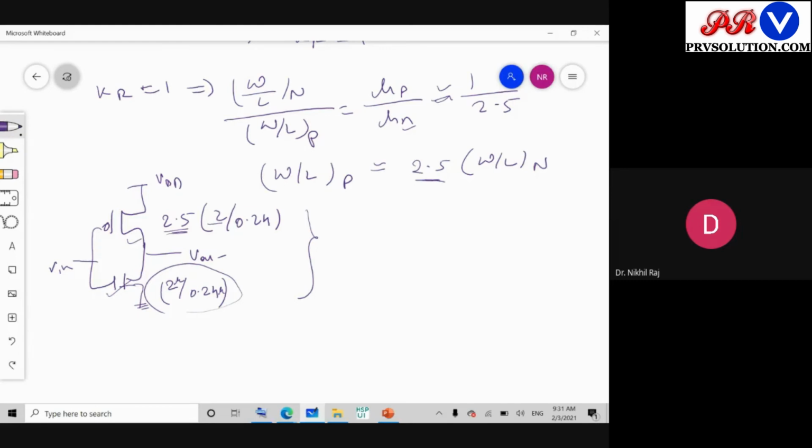Okay. So coming to the curve, if I draw the VTC curve, VTC is the voltage transfer characteristic, and this is the curve when KR is equal to 1. Now what if KR is increased?